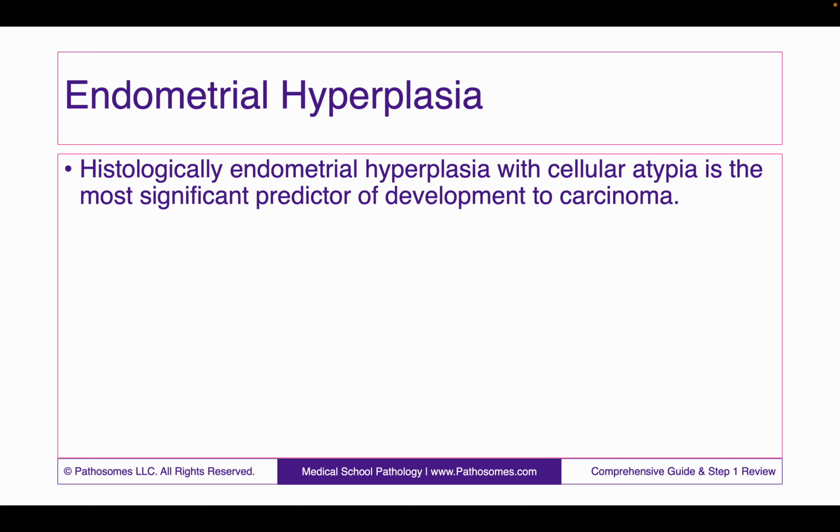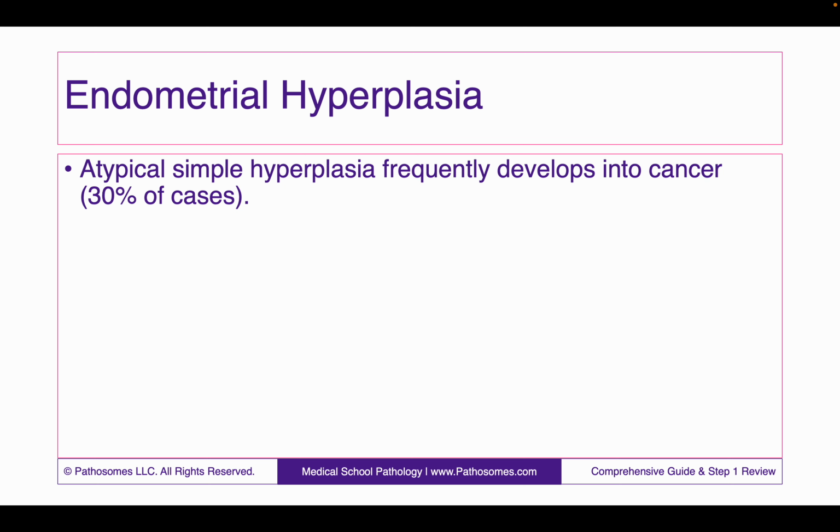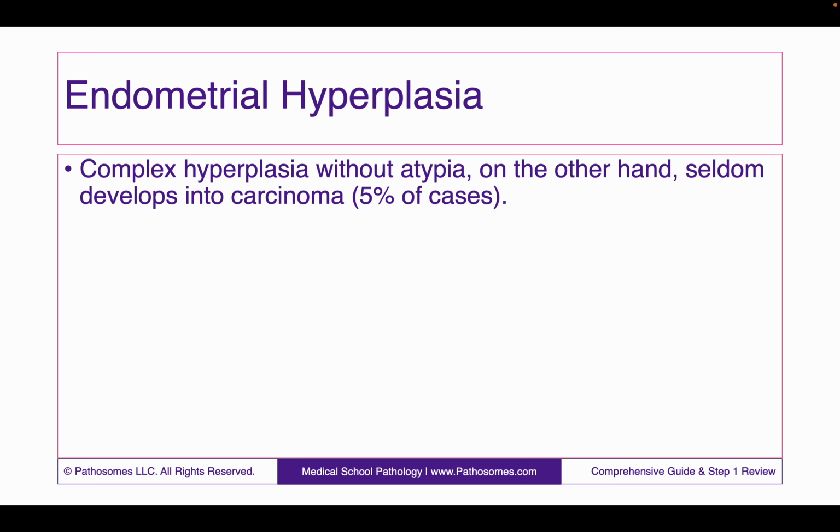Histologically, endometrial hyperplasia with cellular atypia is the most significant predictor of development of carcinoma. Atypical simple hyperplasia frequently develops into cancer in 30% of cases. Complex hyperplasia without atypia, on the other hand, seldom develops into carcinoma in about 5% of cases.